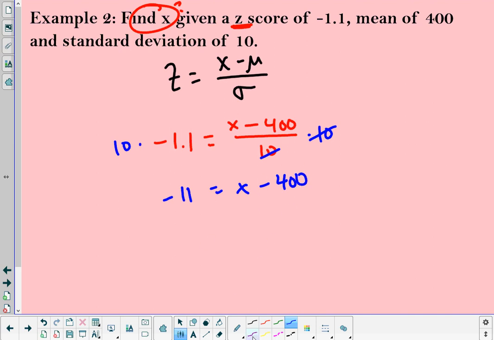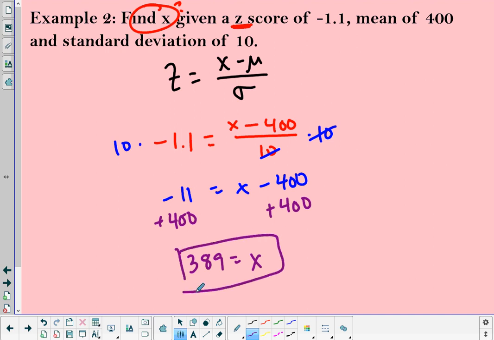Then I still need to get that x alone, which means I need to add 400 to both sides. And negative 11 plus 400 is 389. So my x value there is 389. So this one I was missing the x, so I had to use my algebra skills to undo all of that stuff to solve that equation for x.